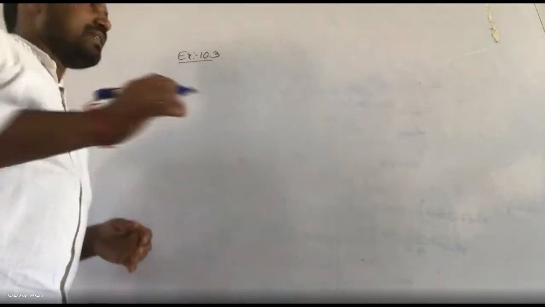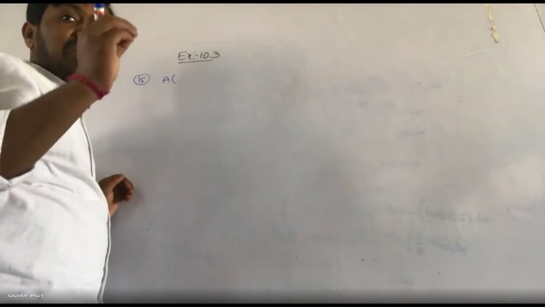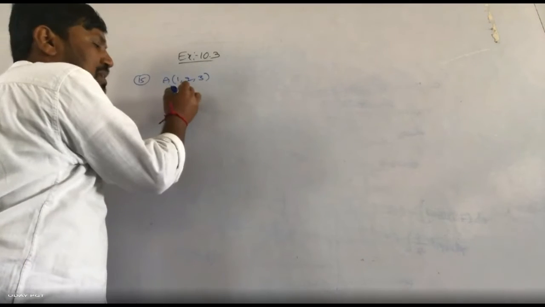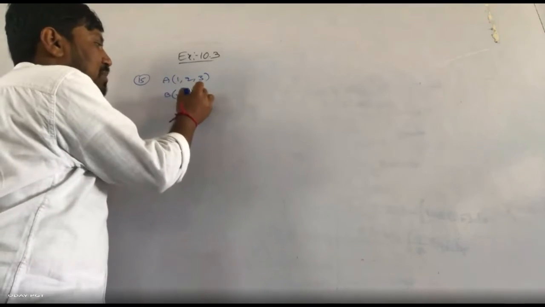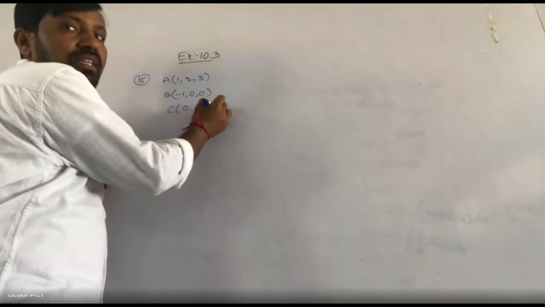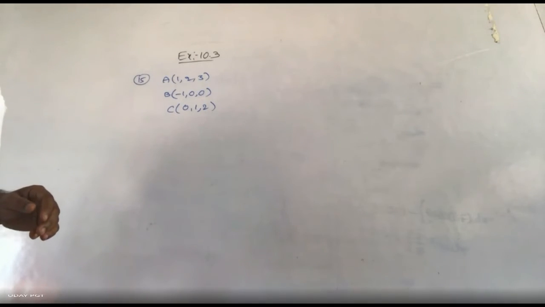Most of the students will get confused. They are given to you the coordinates. A is 1, 2, 3, and B is given to you as -1, 0, 0, and C is given to you as 0, 1, 2. 3 vertices are given to you, and you need to find out the angle between BA and BC.